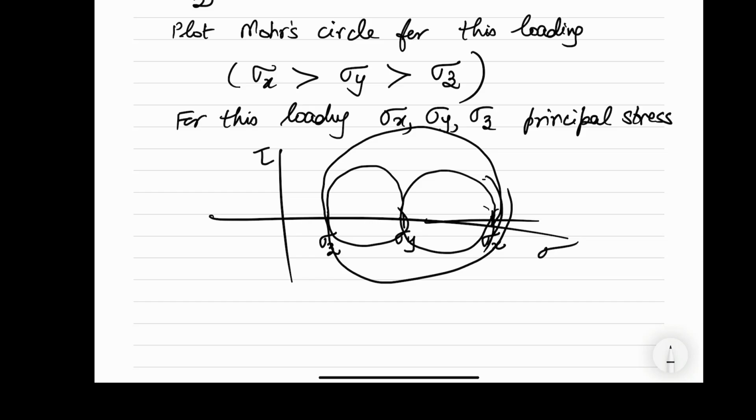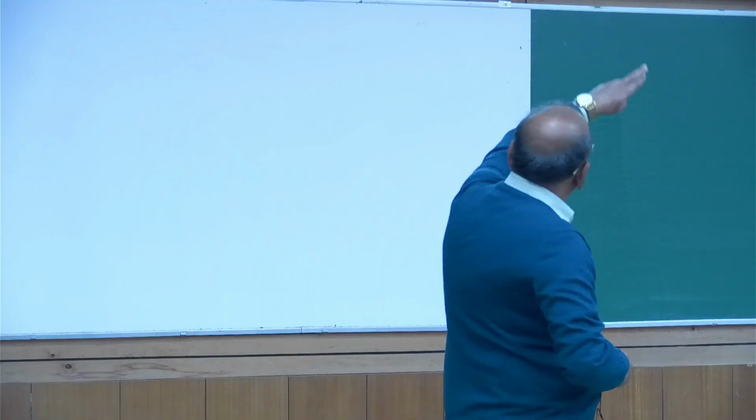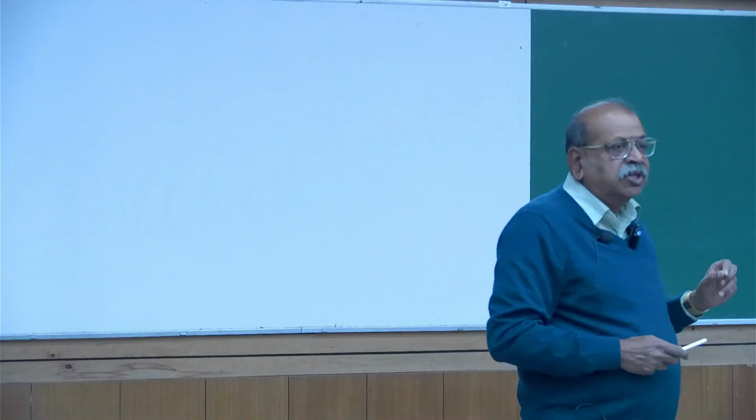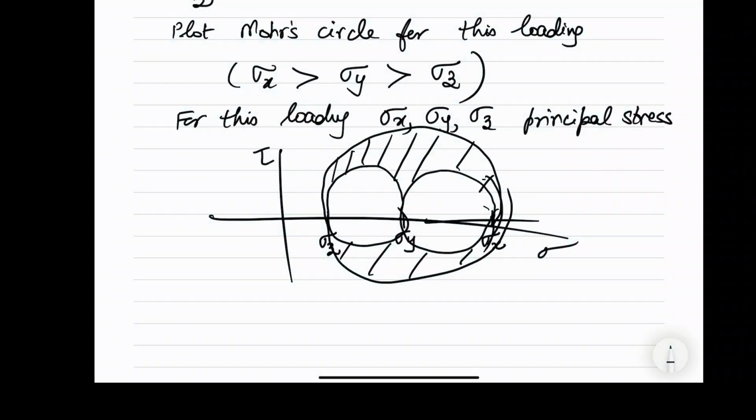And so this is the generalized Mohr circle for this 3D case. I'm not going to prove this, but you can show that if I rotate along any arbitrary axis, the state of stress has to lie in the shaded region. Which means if I move along the XY plane, I can only move along that circle.